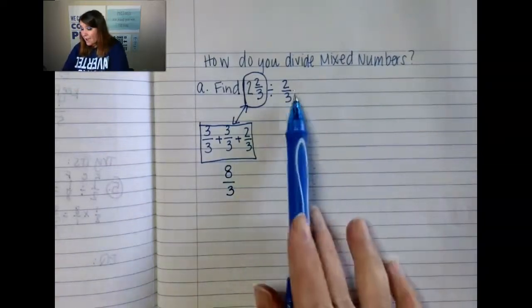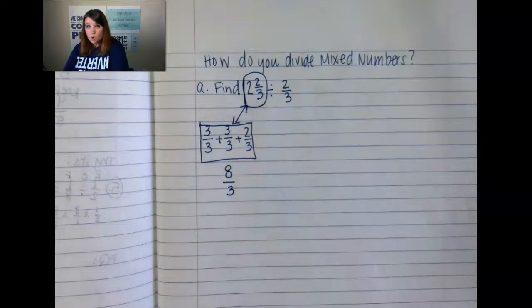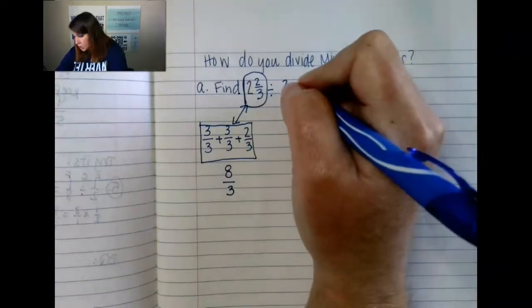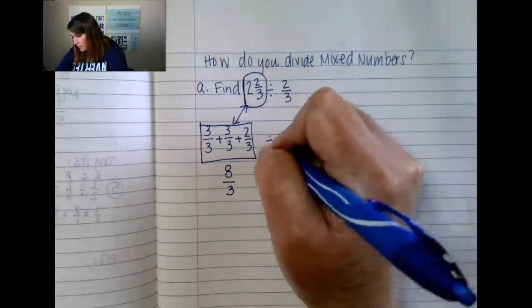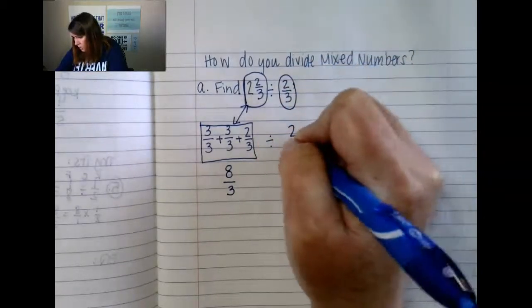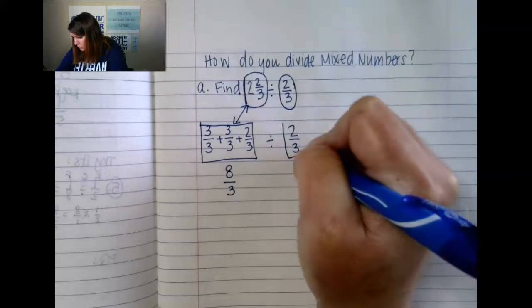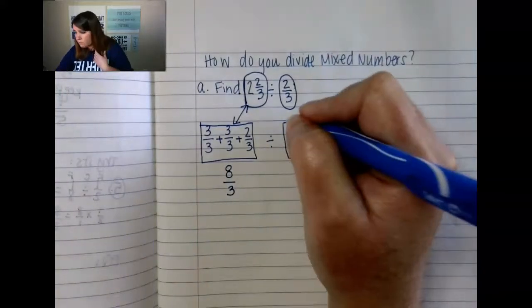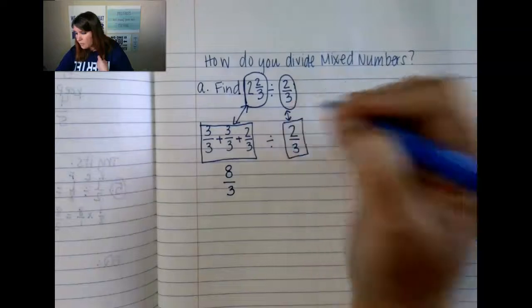Now I also have 2/3, so I can just drop that down. It's divided by this fraction here, which is just 2/3. So I have 2 different fractions that I'm working with.